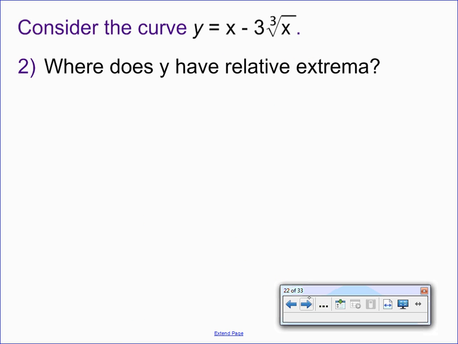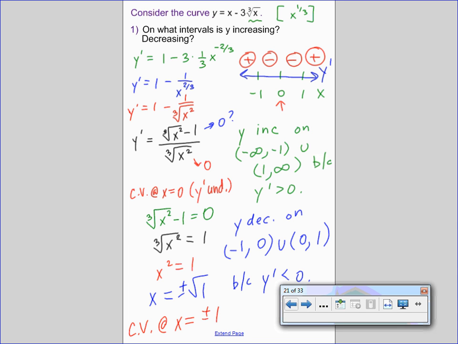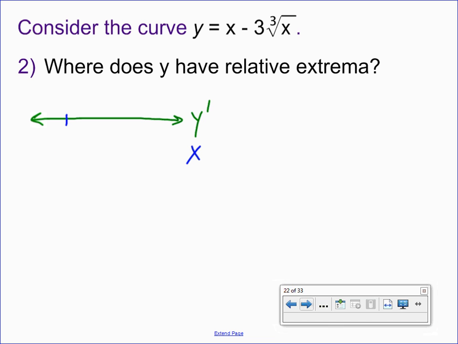Let's do it. I'm just going to copy that again. Negative 1, 0, 1.